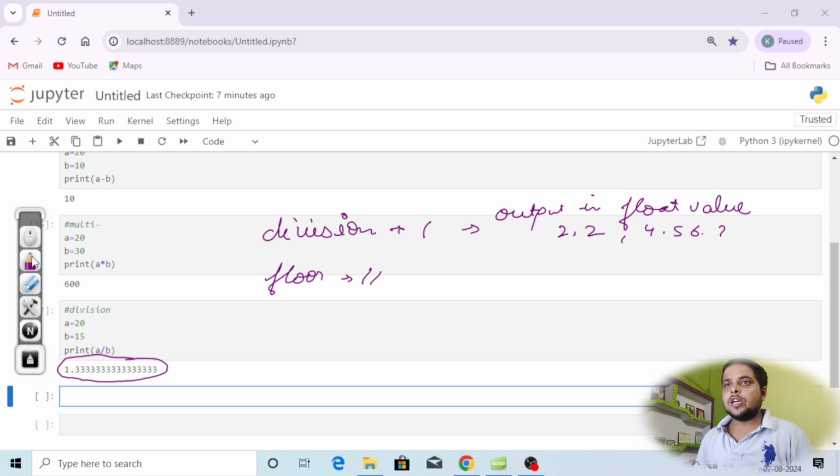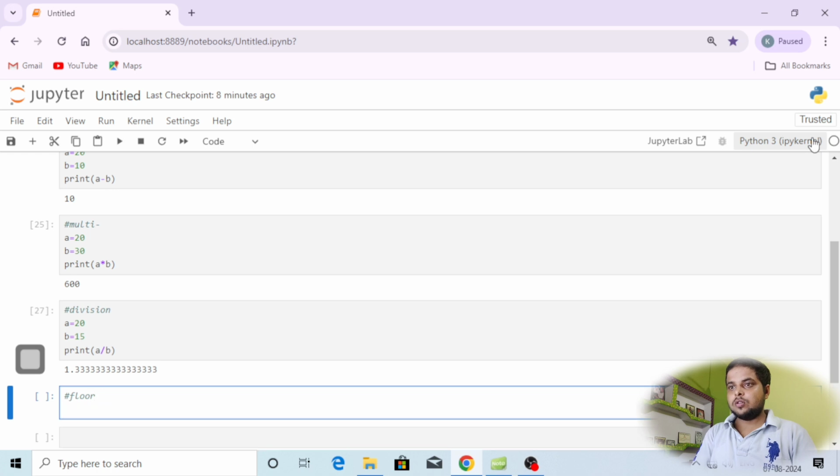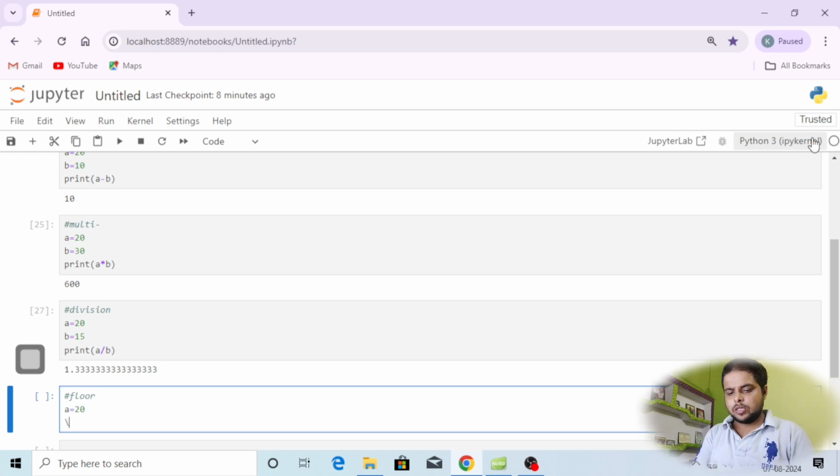Now what does floor division do? Listen, we will take floor division with the same numbers, assigning the same values. Then B equals 15. Now what answer will it give? It will give only 1, because it is an integer part.